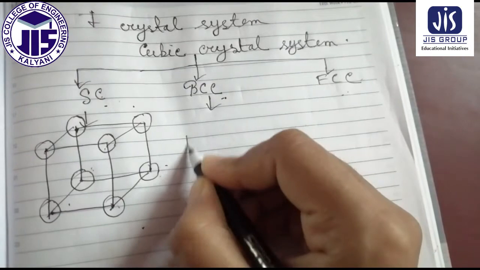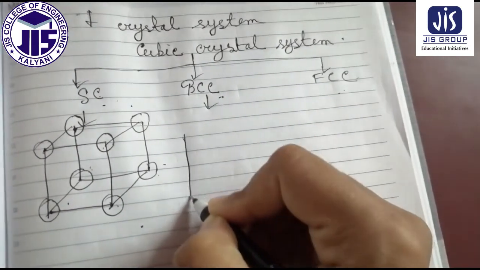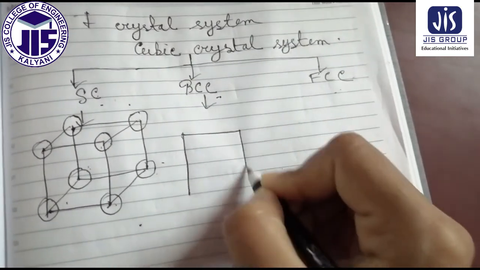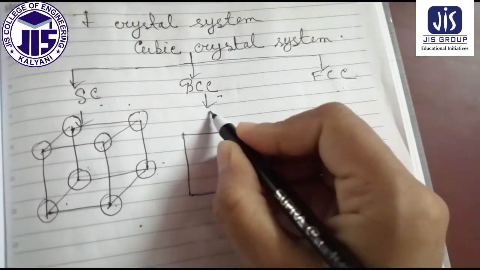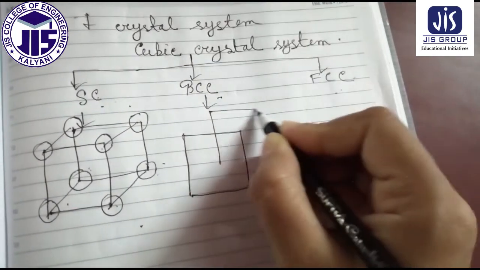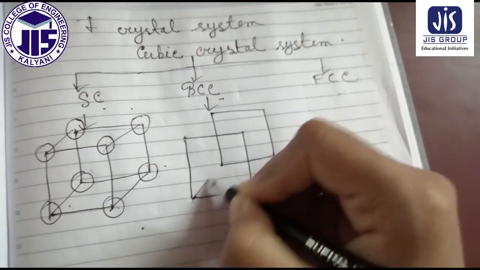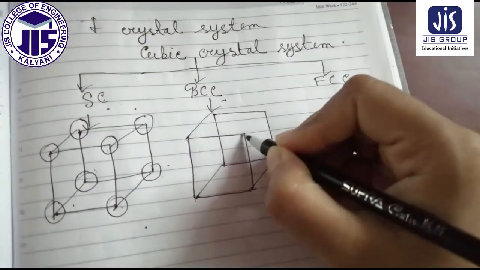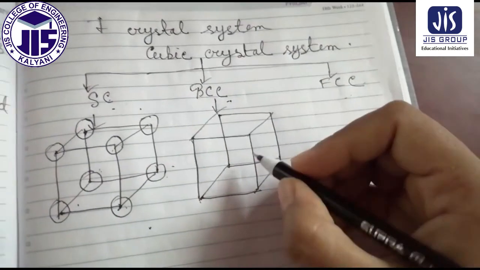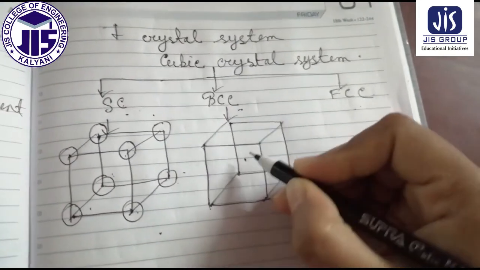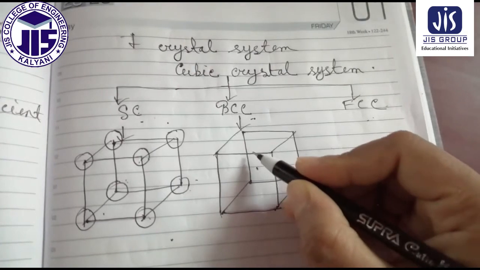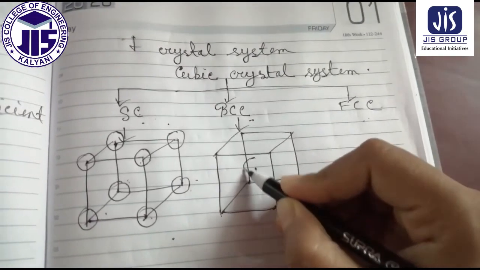Now for BCC, body centered, this is one cube, this is another cube. Now body centered means at the center of the body there is an atom, like this.